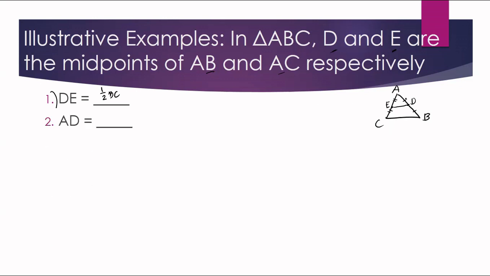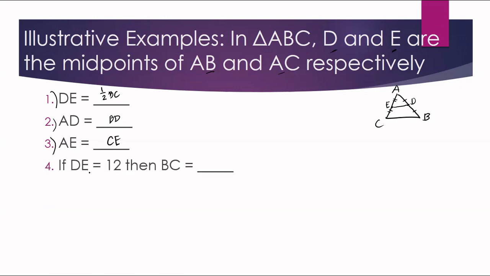Number 2, AD is equal to, yes, segment BD, since point D is the midpoint, that's why the two segments are equal or congruent. And also, AE is equal to, yes, CE, because point E is the midpoint.